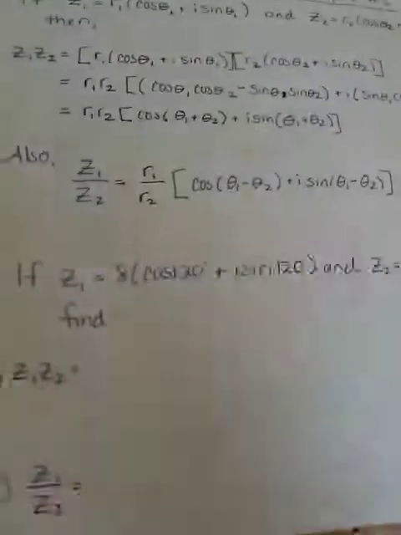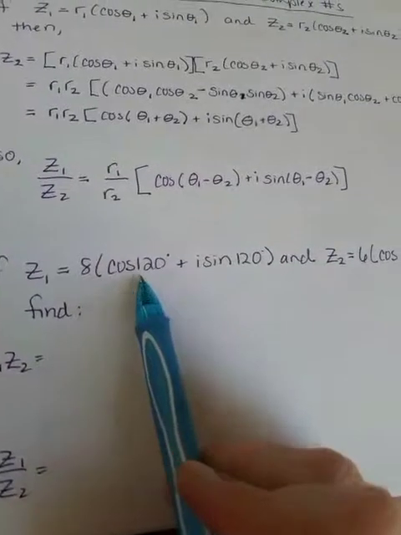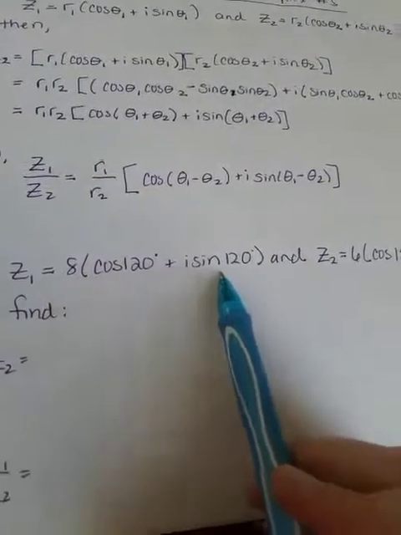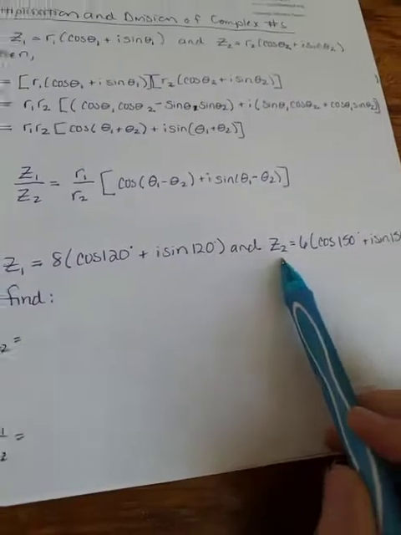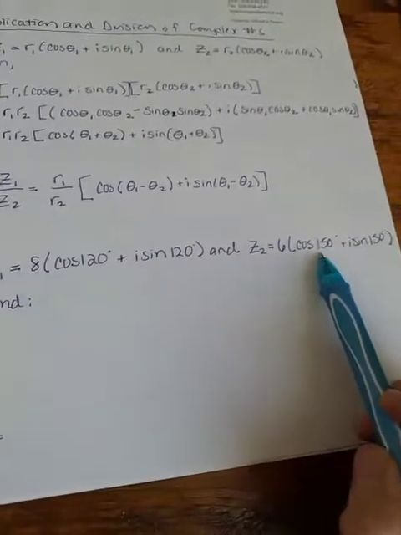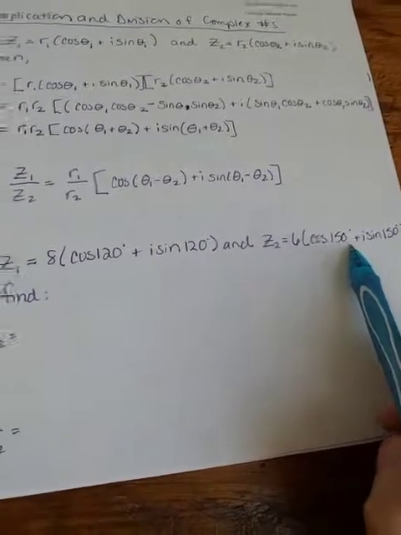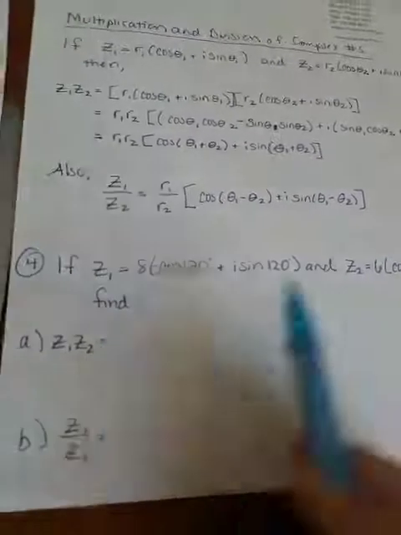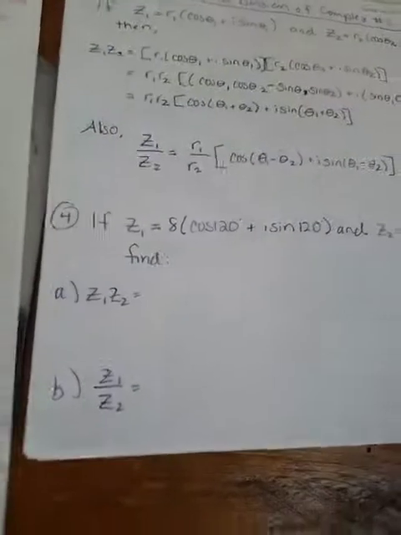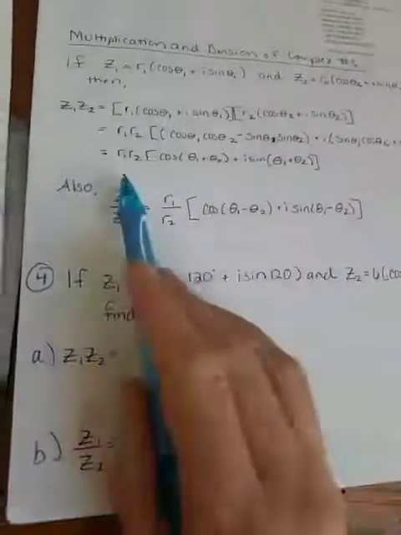So number 4, if z sub 1 is defined as 8 times the quantity cosine of 120 degrees plus i sine of 120 degrees, and z sub 2 is 6 cis of 150 degrees. Part A, z sub 1 times z sub 2. I can just use my awesome equation.